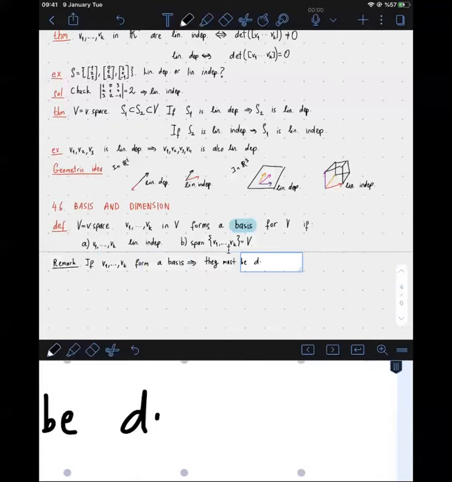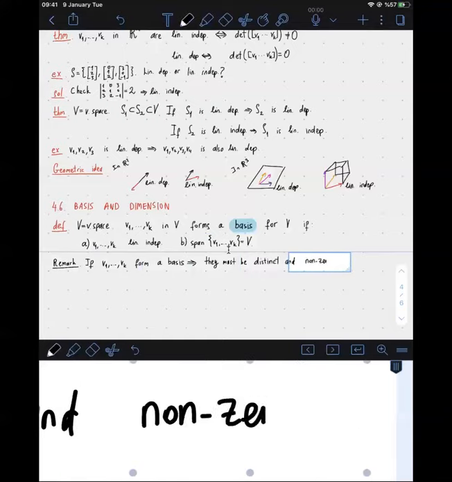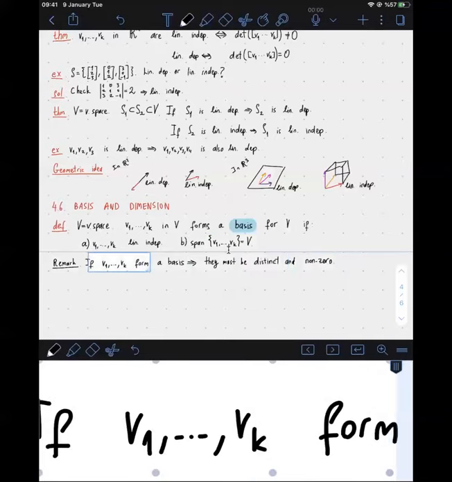They shouldn't be identical vectors in this set. And none of them should be zero. Because if you put the zero vector in this set, then the resulting set is always linearly dependent. If you include the zero vector in a set, then that set will always be linearly dependent, because you can multiply the zero vector by any number, and it will give you a non-trivial solution.